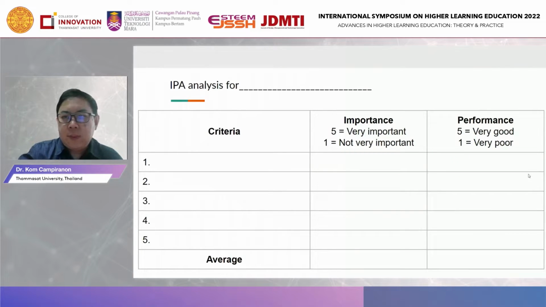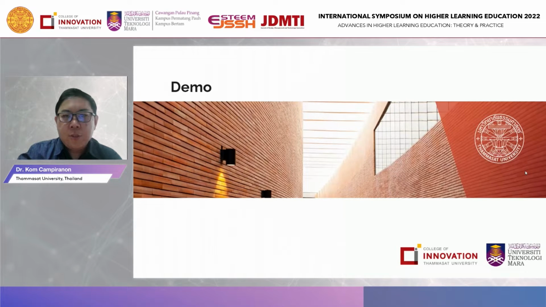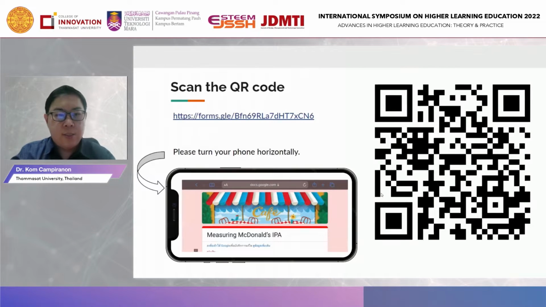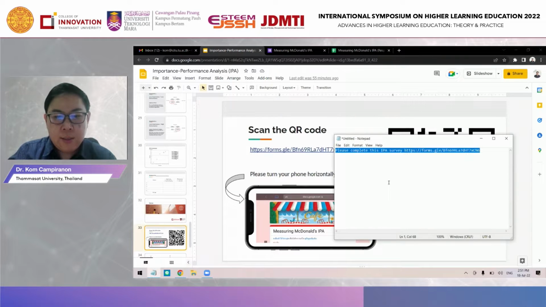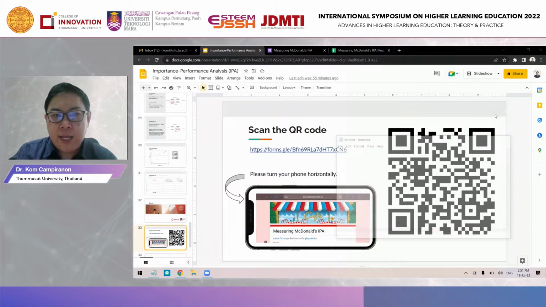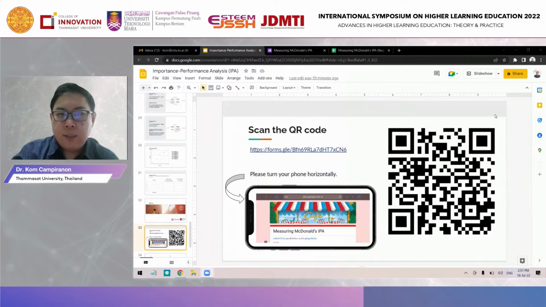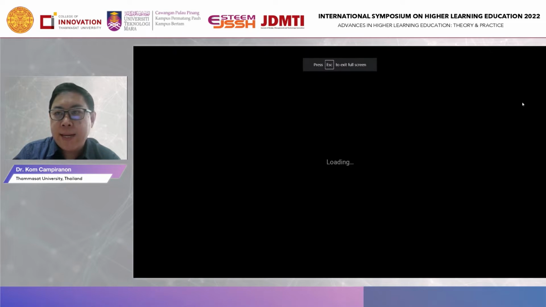Okay, so now we're going to do a demo, right? So I'm going to send you this link in the chat. So you can either do this Google form in the chat box, or you can scan the QR code, right?